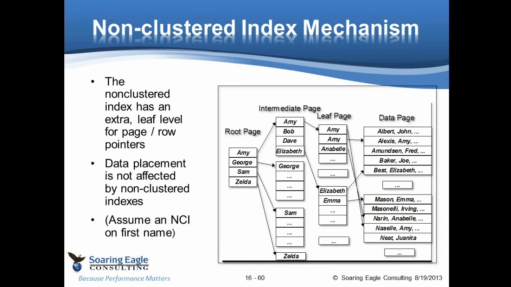What does that do for us? Well, what if my question is, how many Amys have I got? The answer to the question, how many Amys have I got, does not require me to go to the data page to pick up the row. Instead, I can just go from the root to the intermediate to the leaf and pick all the information up off the leaf. In fact, if I have multiples there, I can walk those leaf pages and pick up all the Amys, just like it's a clustered index.